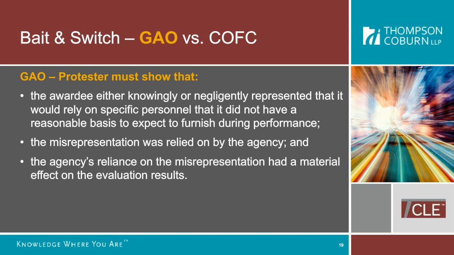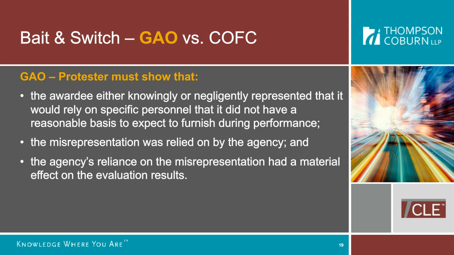Right, so turning to the second general category of protest grounds on this type of issue, the bait and switch. Both the GAO and the Court of Federal Claims have similar standards to be met in order to prove this allegation.